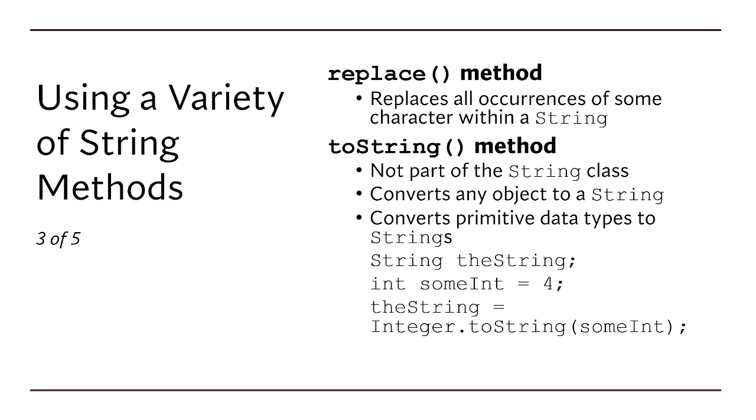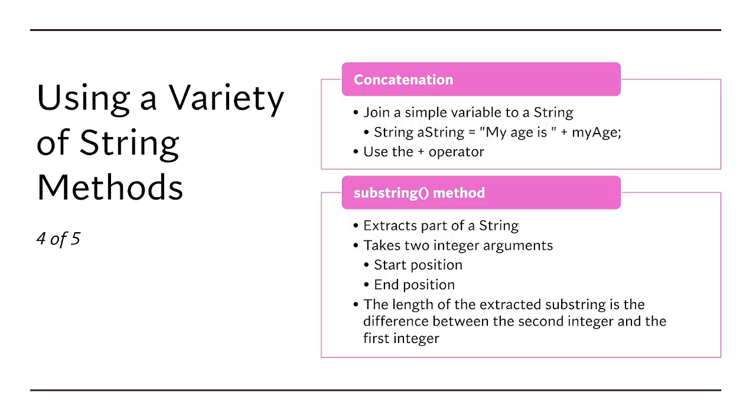We can take an int and make it into a string by calling the wrapper class for that primitive data type and passing it to toString. This is also the method we use to send back the information about an object that we create in our code.